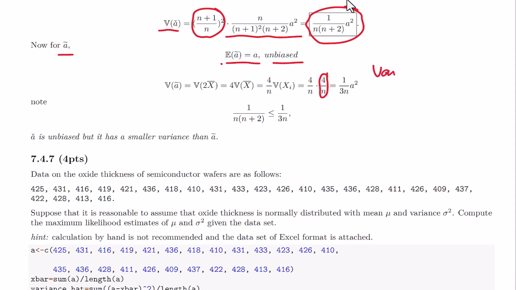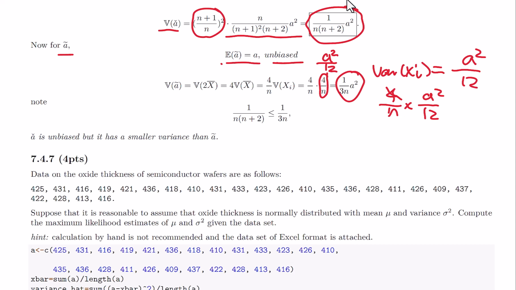Because xi is uniform, it's a squared divided by 12. That's how we got 4 over n times a squared divided by 12. You cancel to get 3, and that's how you got 1 over 3n a squared.